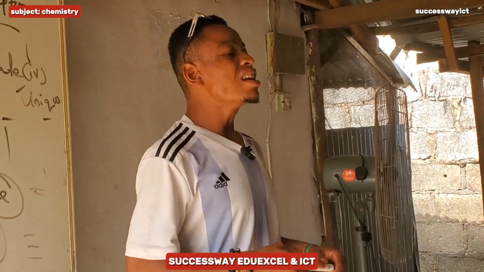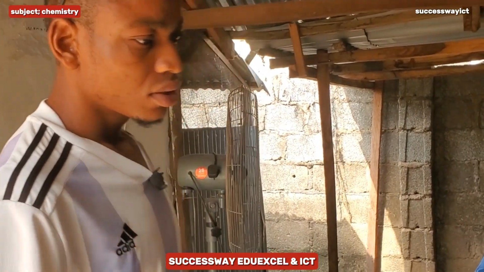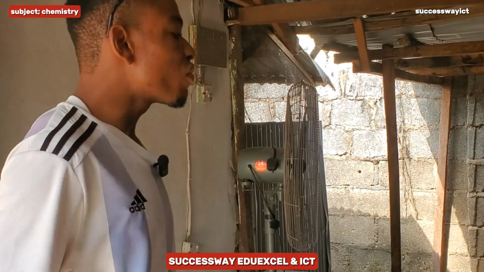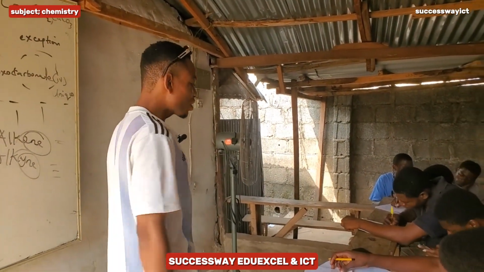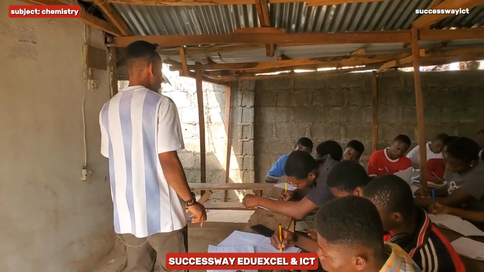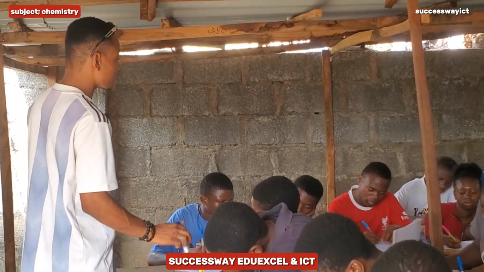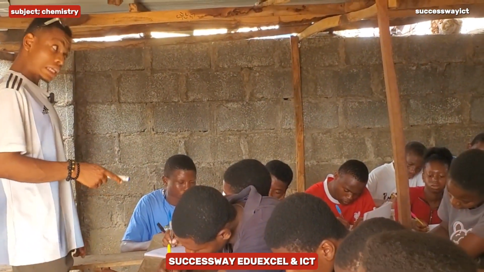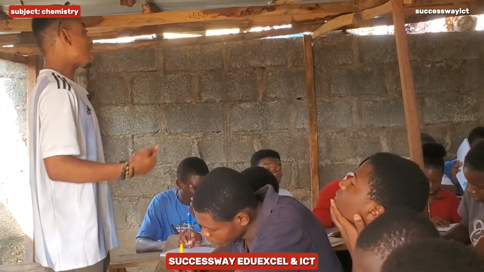Is that okay? Then the next one is classification of organic chemistry. You know, I told you earlier when I started that organic chemistry can be classified into how many types? Two types, I'm just trying to ask questions. You know it is classified into two, right?